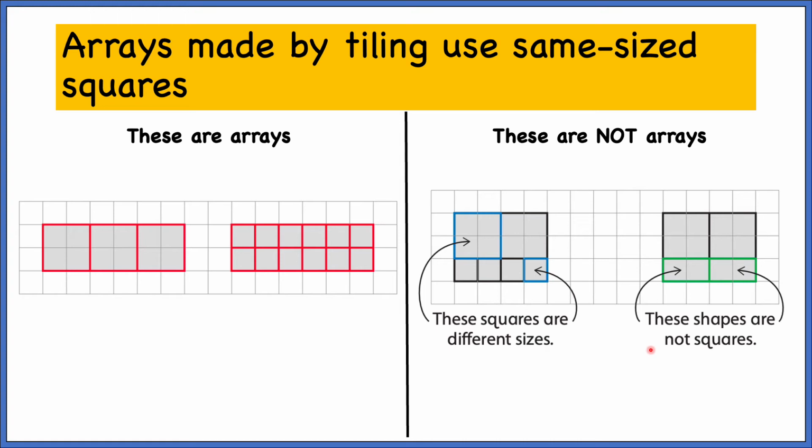So you really want to get into this habit of looking for the same size squares because it's going to allow you to figure out how many squares you need to cover that space.